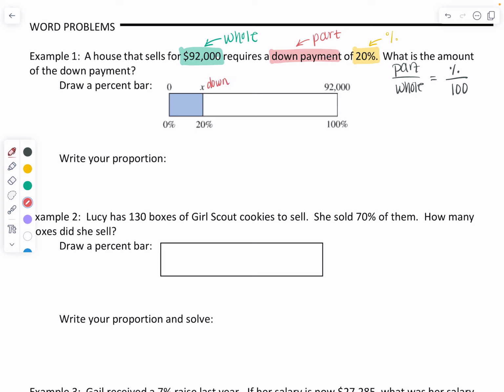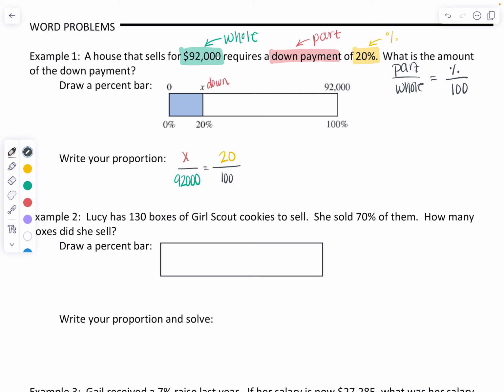And then the $92,000 is the sell price of the house. So now I'm going to set up my proportion, part over whole. Well, the down payment is X, I don't know it, over the whole, which is 92,000, equals percent 20 over 100.